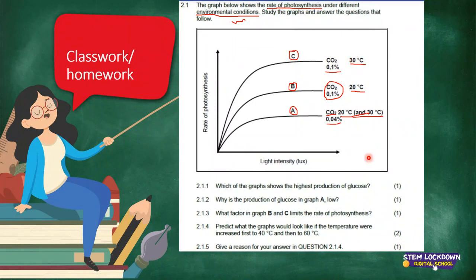So to answer question 2.1.2, we'll need to look at the additional information we have been given on the sides. So why is the production of glucose in graph A low? 10 seconds, guys. Send through your answers.